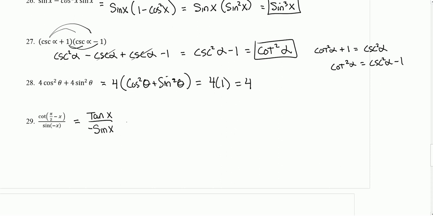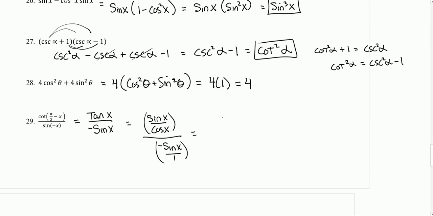Tangent is sine over cosine. So we get sine x over cosine x, that's our tangent, divided by negative sine x. If you want, you could put that over 1.